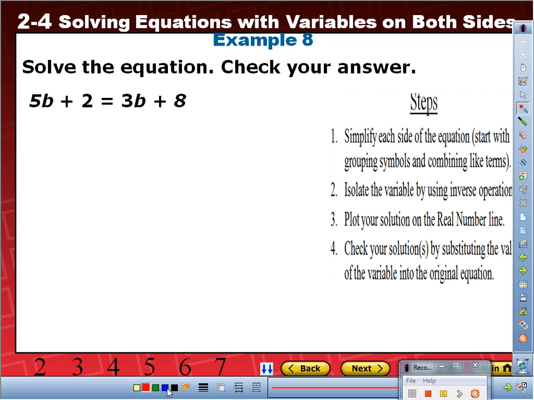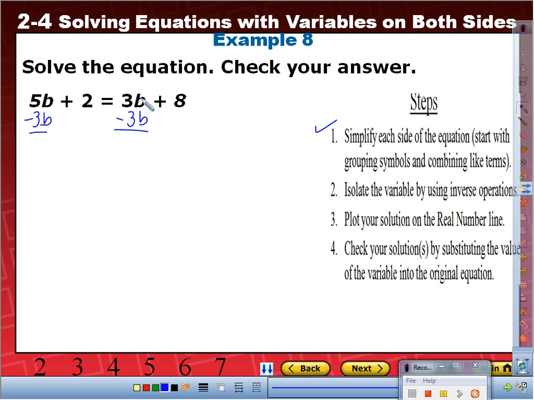I'm going to start with step 1, simplify each side. I can't. There's no grouping symbols. So I start with the smallest variable, which is 3b. What is the opposite? A negative 3b. And I do that to each side. These cancel. We're left with 8 equals 2b plus 2.